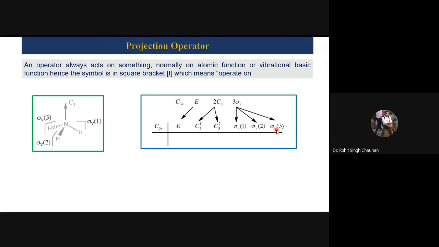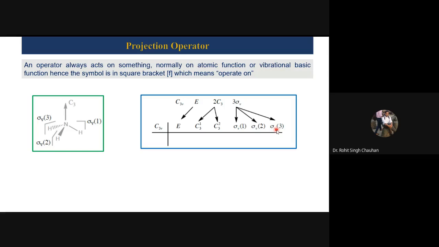For all molecules, you have to operate the same technique. And the technique is that you are going to segregate all symmetry elements. Similar to ammonia, here 2C3 is there, so we are writing C3 1 and C3 2. And 3 sigma v is there, so we are writing sigma v1, sigma v2 and sigma v3.